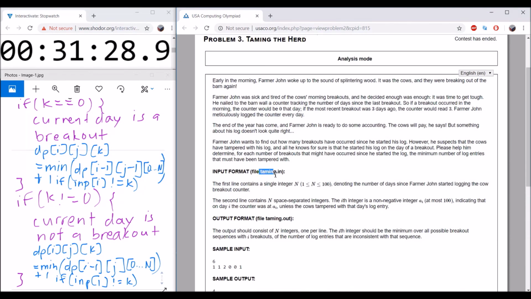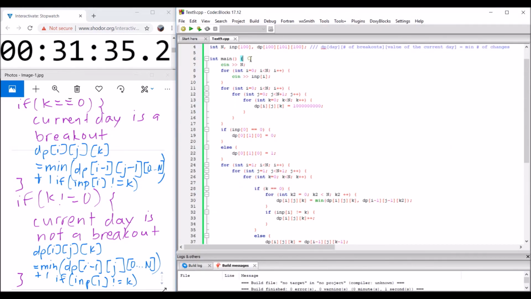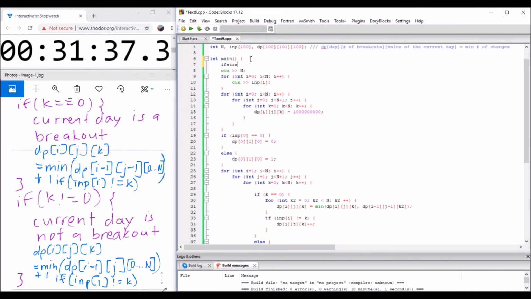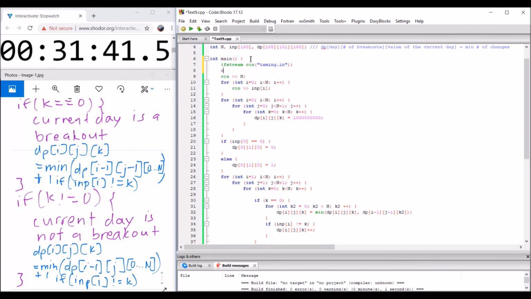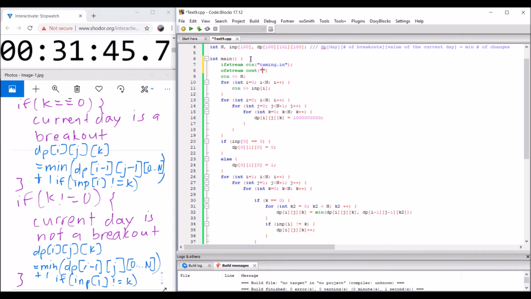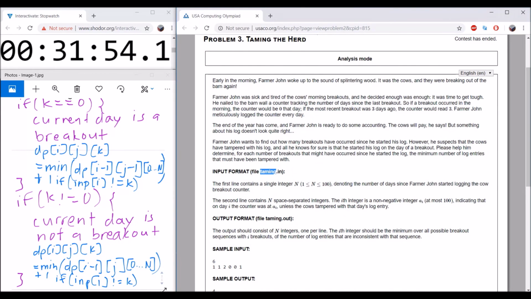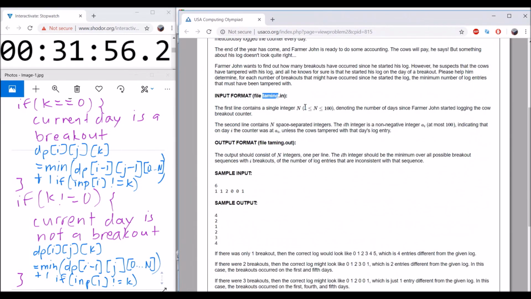I'm just going to add the file input output. Let's build this just to make sure there are no bugs. Cool. And that was test 9.